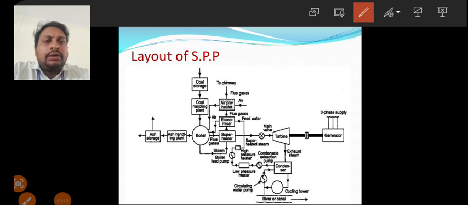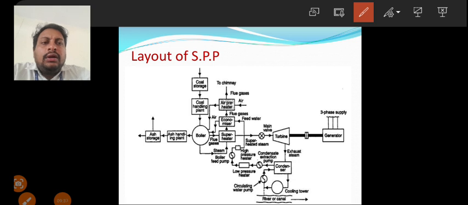The purpose of the economizer is to heat the water, so that preheated water is supplied to the boiler as feed water. So the superheater, economizer and air preheater, which use these waste hot flue gases, are the accessories of the boiler for improving the efficiency of the boiler.